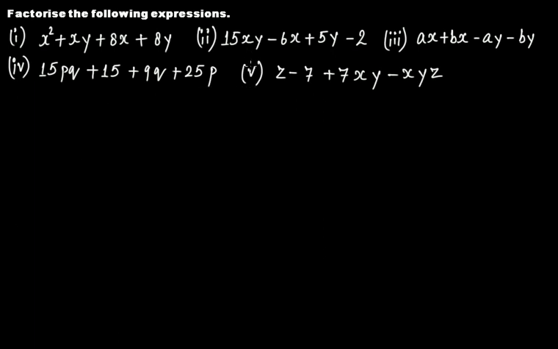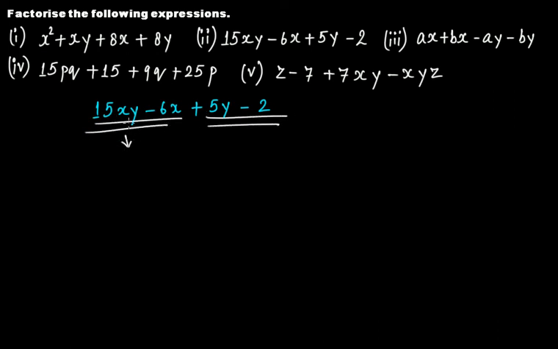Now, this is 15xy minus 6x plus 5y minus 2. Right? How to do this? Well, again, factorization by the method of regrouping, not common factors, because in this expression you have four terms, but there's no common factor amongst these four terms. It means that here you'll use regrouping again. Consider this one and this one.